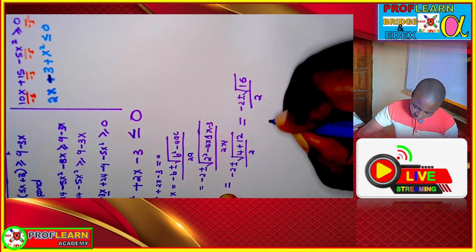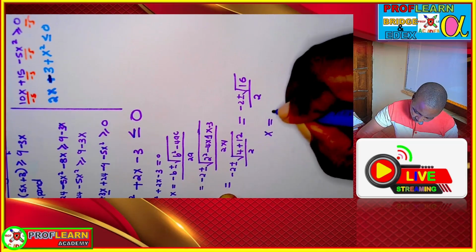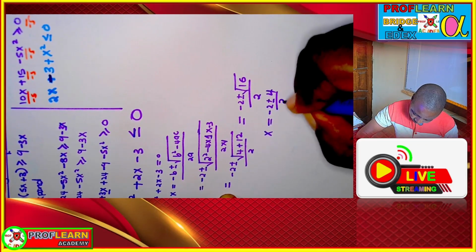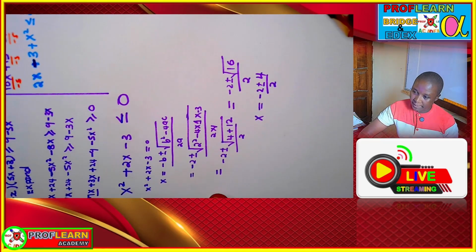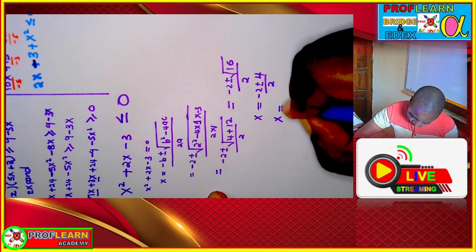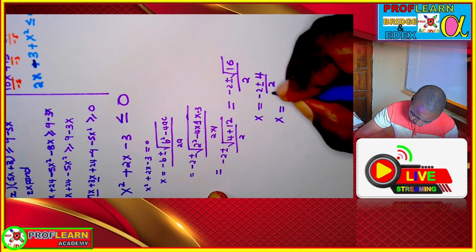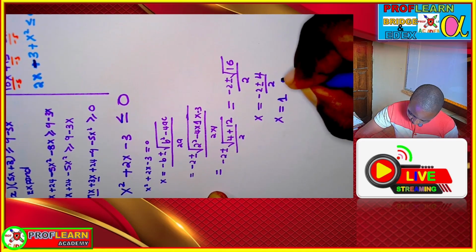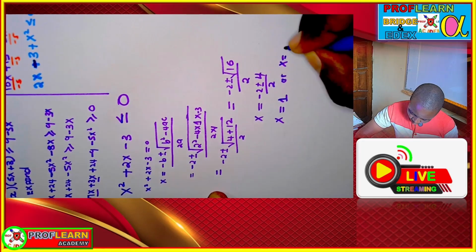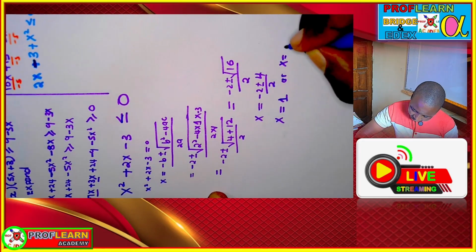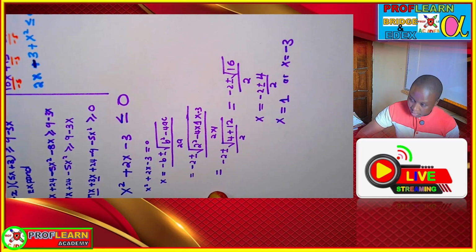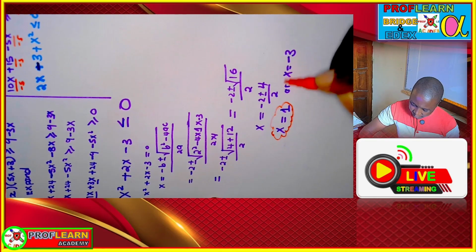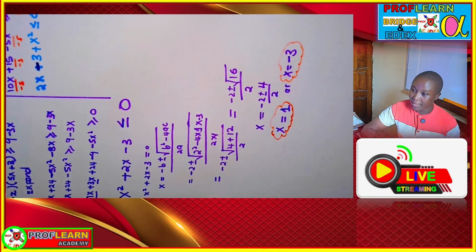So meaning that our x is going to be equals to minus 2 plus or minus 4 over 2, which implies that x will be equals to minus 2 plus 4 will be 2, then 2 divided by 2 will be 1, or x is equals to minus 2 minus 4 will be minus 6 divided by 2 will be minus 3. So these are the two solutions. These will be the values of x, the two values of x in that case.